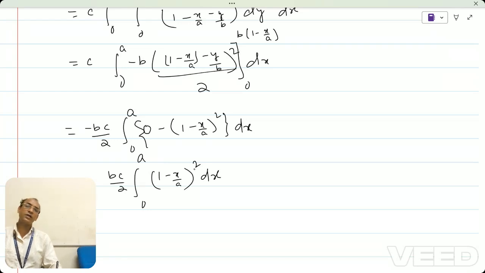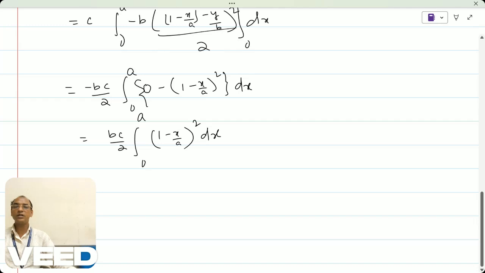Now again you can integrate it, it can be nothing but minus a into 1 minus x by a to the power 3 divided by 2, or you expand it: 1 square minus 2x by a plus x square by a square, and you integrate it. In any way you can integrate it.